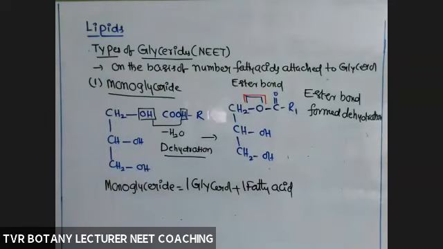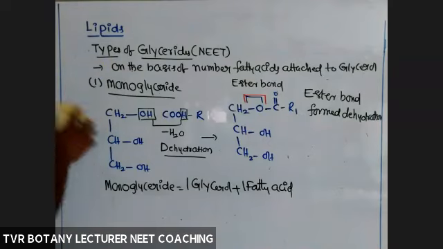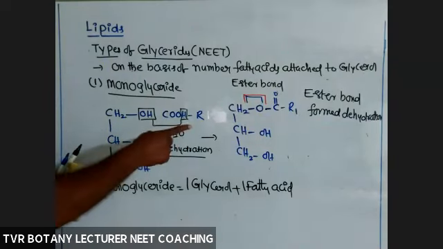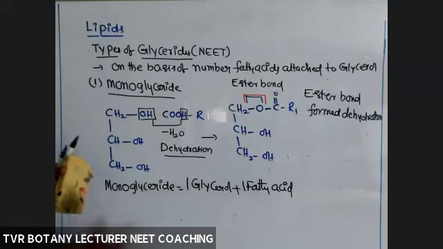Now I'm erasing it. So we are with types of glycerides. Monoglyceride completed. Next one is diglyceride. Actually, in your textbook it was not explained, but in the description it was given how to understand that concept.